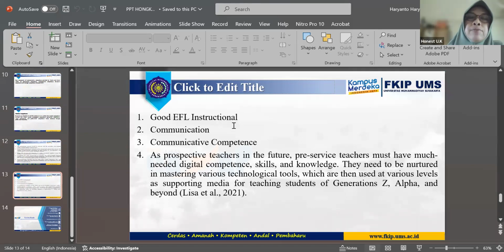What I mean is, after the teachers master communicative competence, they must also support their quality by having digital competence, skill, and knowledge to support their qualification. They need to be nurtured in mastering various technological tools which are often used at various levels as supporting media for teaching students of Generation Z, Alpha, and beyond.